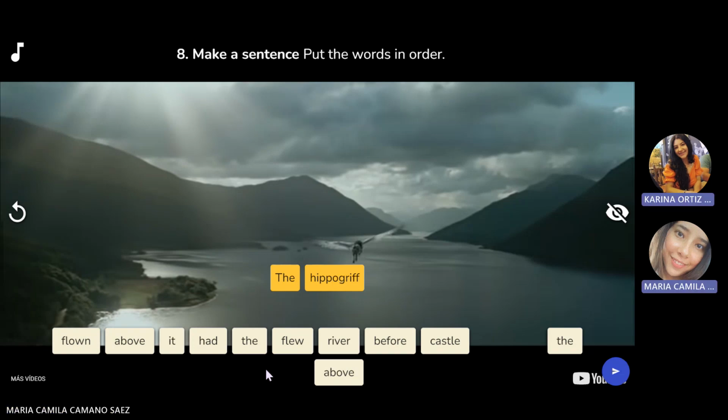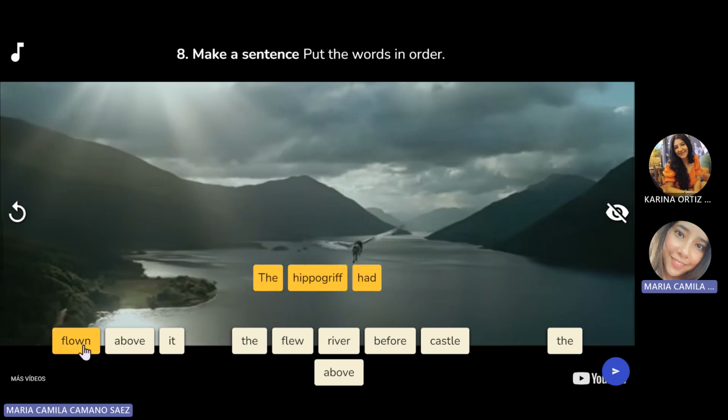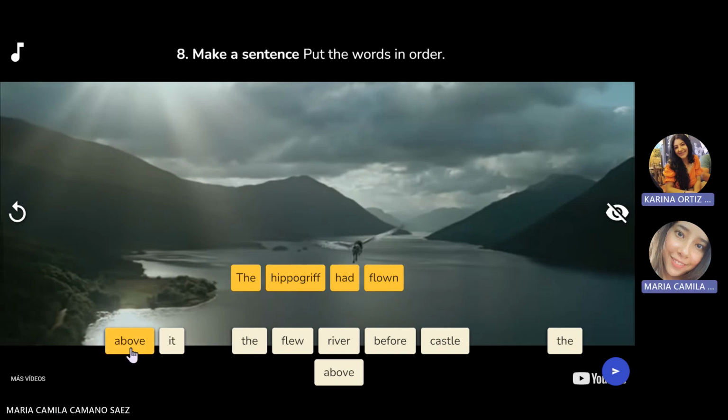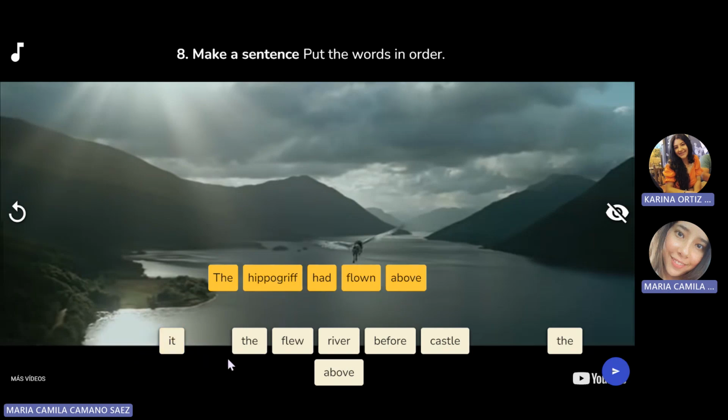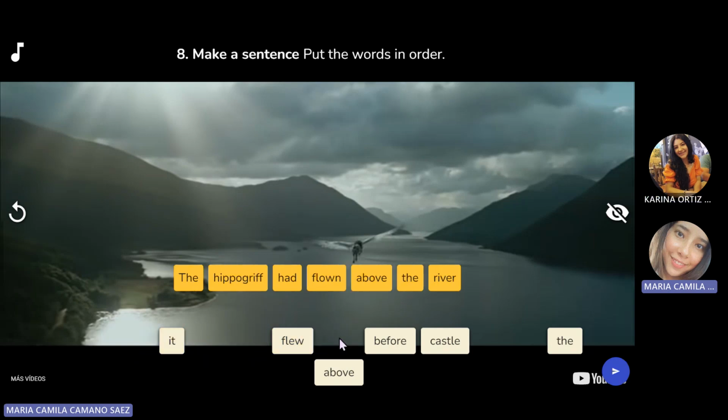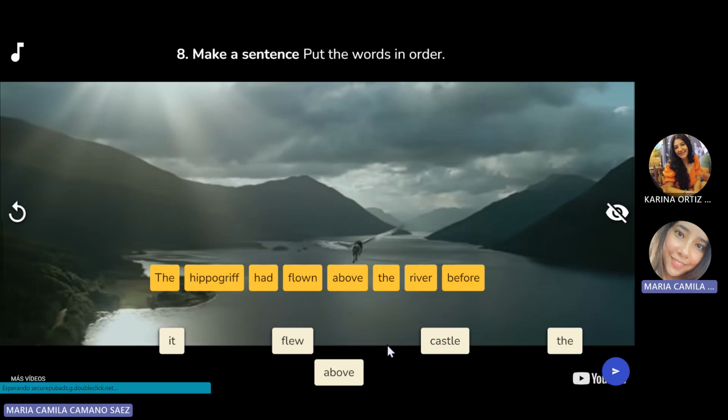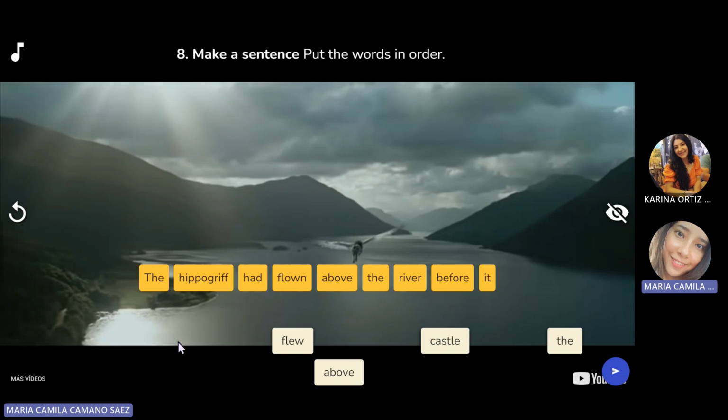I'm going to say that this had flown above the river before it flew above the castle.